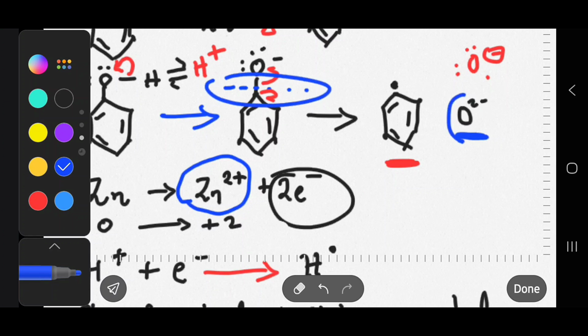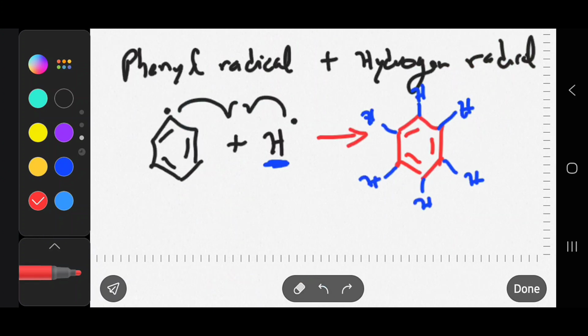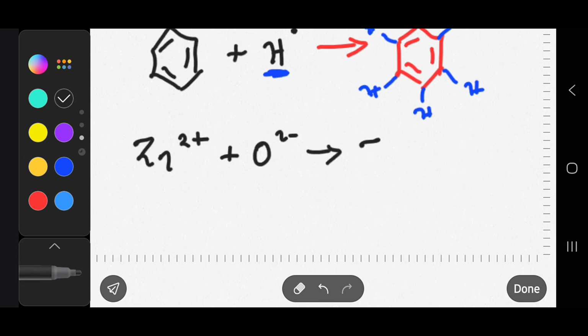So essentially, zinc 2 plus is going to be picked up by this O2 minus, the oxide ion, to give you zinc oxide.